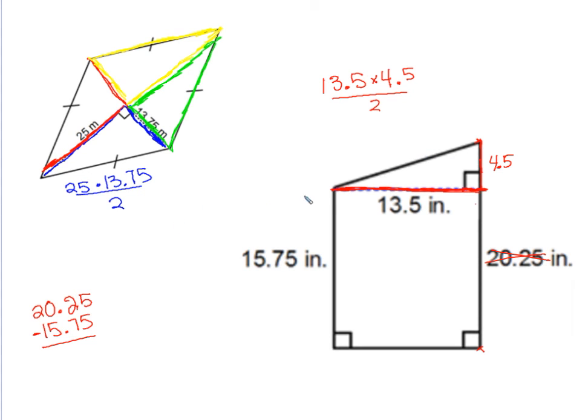Then I need to get the area of the rectangle. It would be 15 and 75/100 times 13.5. And that answer is going to go in here. And whatever my two answers are, I'm going to add them together. There we go.